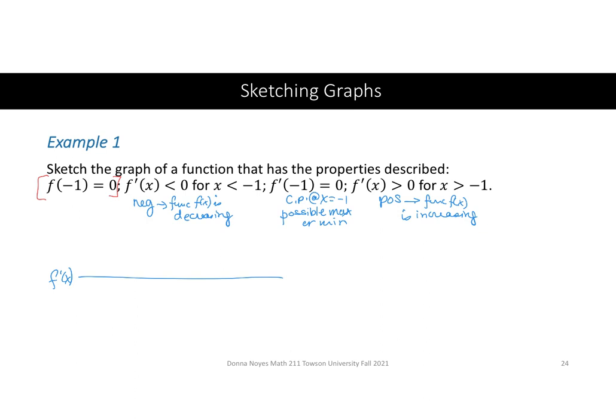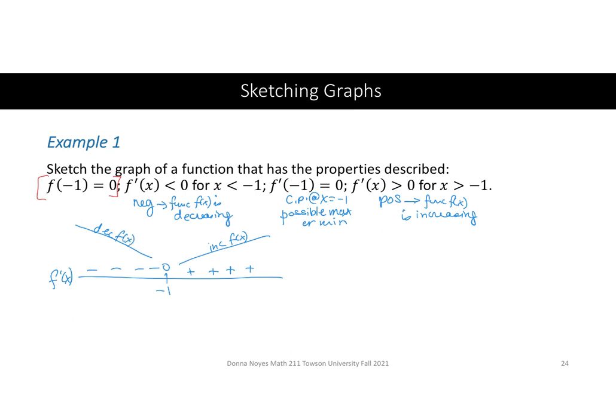Well, we know that our derivative is negative when x is less than -1. So it's negative down in here, which means our function is decreasing. It has a negative slope. We know it's 0 at -1, so that's a possible max or min. And then we know it's positive when x is greater than -1, which is increasing. So this is our increasing f of x, and this is our decreasing f of x.